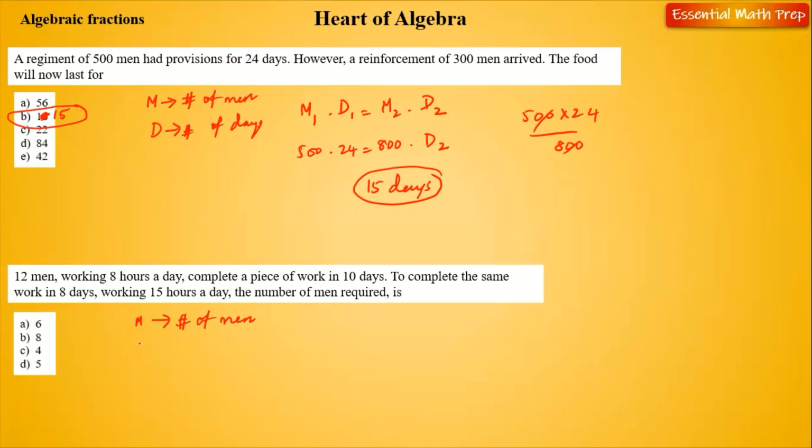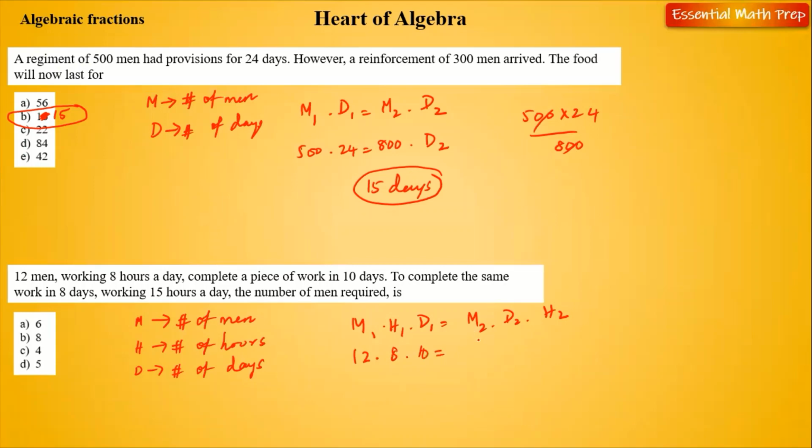So M corresponds to number of men. Let's call H the number of hours and D the number of days. Since we have 2 sets, let's call M1 times H1 times D1 equals M2 times D2 times H2. M1 is 12 men working 8 hours a day, completing the work in 10 days.